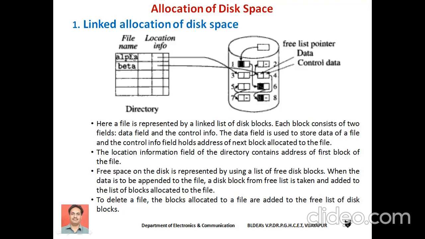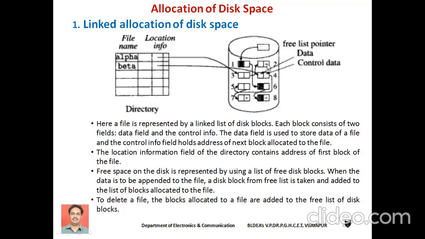In the directory entry, against the file name alpha, we are going to store only the starting address of the block which is allocated to the file alpha, so that the next blocks of this file can be accessed by using the control information. The control information of the first block will contain the address of the second block, which is allocated to the same file.